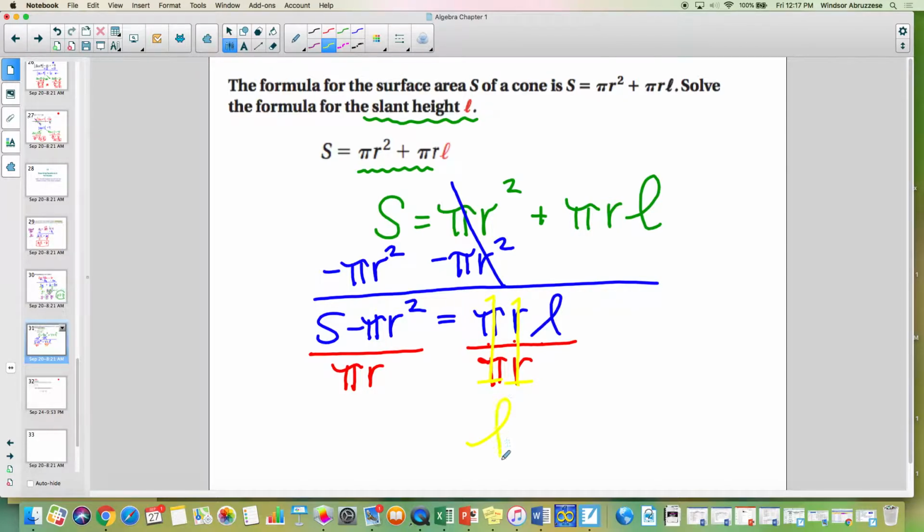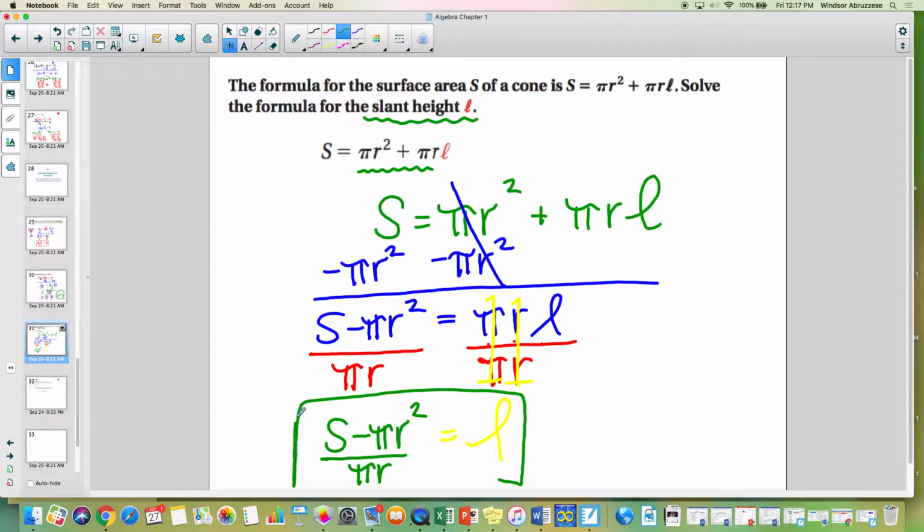So you're left with your L, which is what we're looking for. And this you are just going to leave as a fraction. Okay? So L, in terms of all the other variables, is equal to S, the surface area, minus pi r squared, all divided by pi r. That's it.